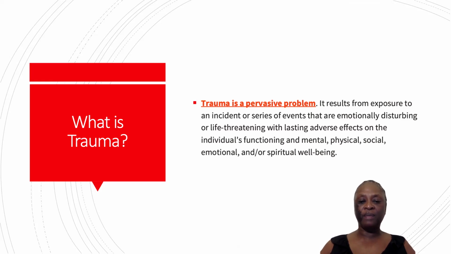Trauma is a pervasive problem. It results from exposure to an incident or series of events that are emotionally disturbing or life-threatening with lasting adverse effects on the individual's functioning and mental, physical, social, emotional, and/or spiritual well-being.